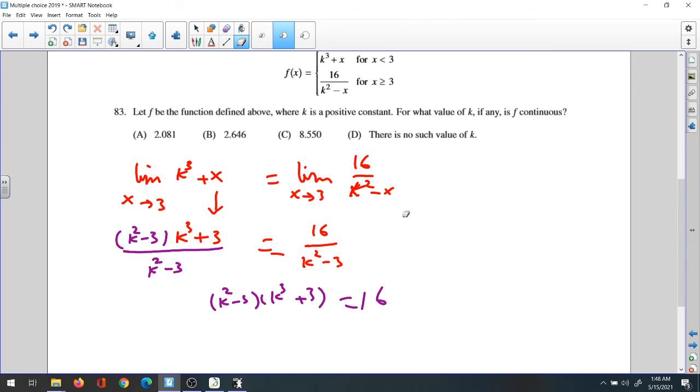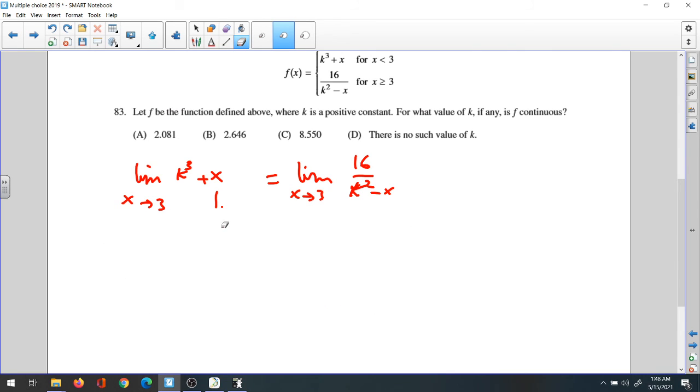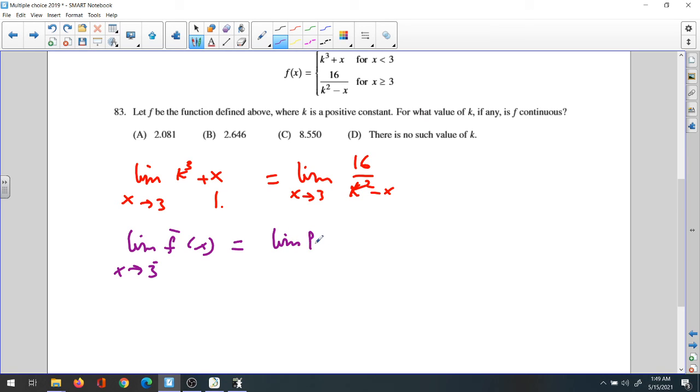So what we could do here is differentiate both functions. The differentiation will be the limit of the derivative of f of x when x approaches 3 from the left side equals the limit of the derivative of f of x when x approaches 3 from the right side.